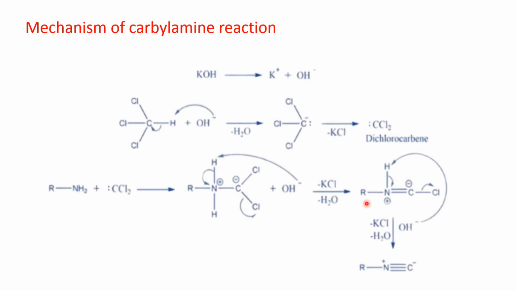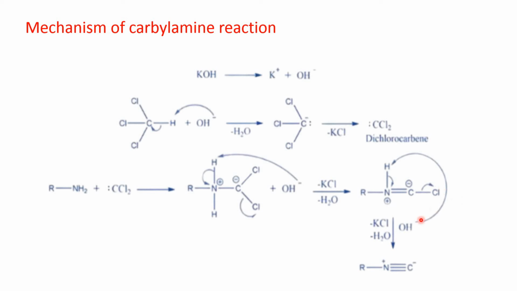Once again, N becomes positive because this lone pair is forming this double bond. So, N positive, and now it is attached with only one hydrogen because one H plus is already removed, and then carbon once again becomes negative and is attached to chlorine.